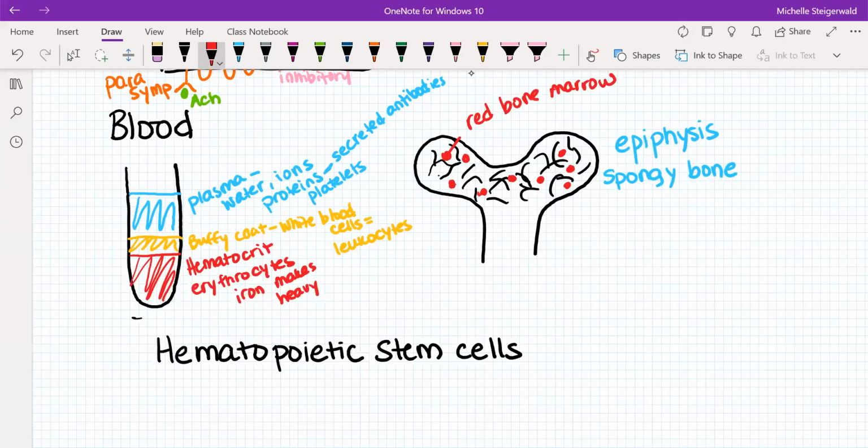So even though we call it red bone marrow, it's both your erythrocytes and your leukocytes.